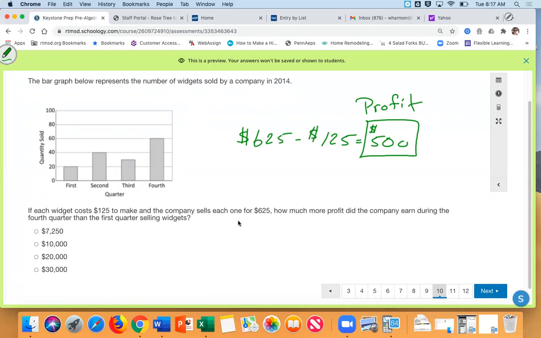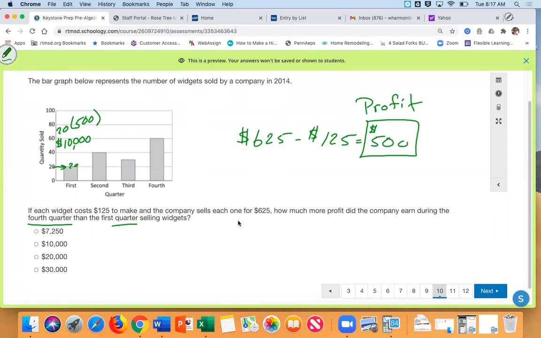Now, it wants to know how much more did I make during the fourth quarter than the first quarter. So in order to figure that out, I need to find out how many I made in the first quarter. That's 20. So I'm going to do 20 times 500. And that's going to be $10,000.